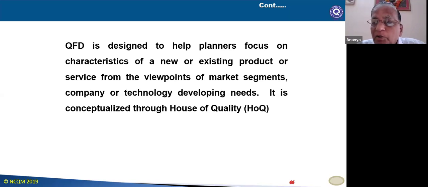As you talk about tools and techniques, it's a tool for understanding and gauging the customer requirement and converting that into product requirements. Basically, QFD is also referred to as the house of quality. It looks like a house.